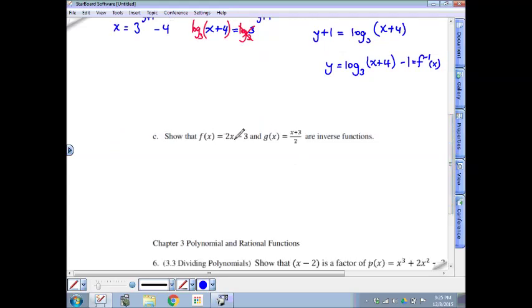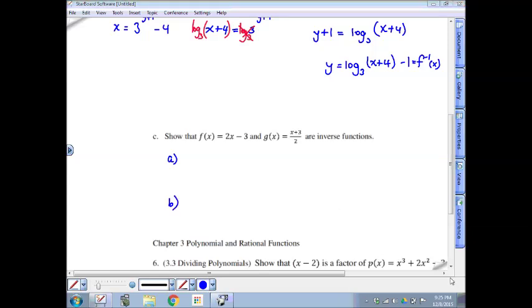Now for part C, we've been given two functions, 2x minus 3 and (x plus 3) over 2, and it's claiming that f and g are inverses, we just need to show it. Now I'm going to be kind of picky on a problem like this if it were to be on the final exam. The correct way to show that two functions are inverses, and this is the way that I'm going to accept for full points, is to really break this down into a two-part question.